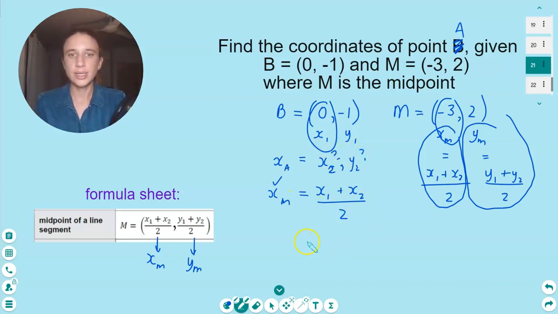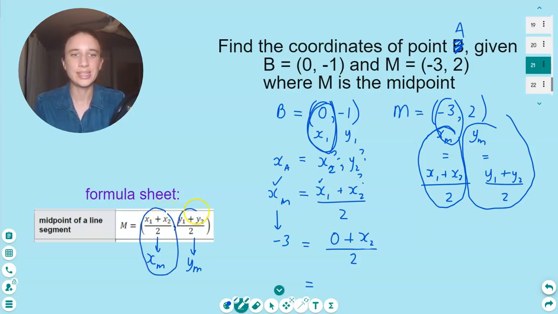So let's do it. xm was -3. x1 is 0. x2, we are trying to find. Remember? And now we've done all the hard work. The hard work is realizing you need to come up with 2 little equations. All right.